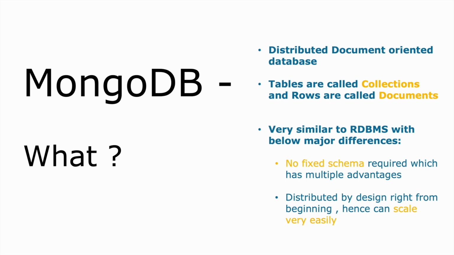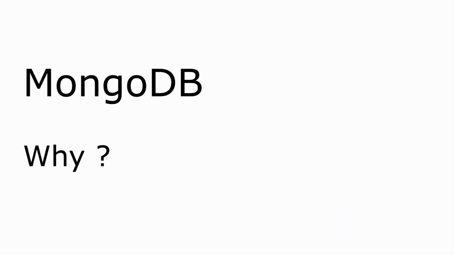It is very similar to RDBMS with some major differences, like there is no fixed schema. So we can actually start inserting documents without even creating the collection. And it is distributed by design, as I mentioned, which means it is very easy to scale it.